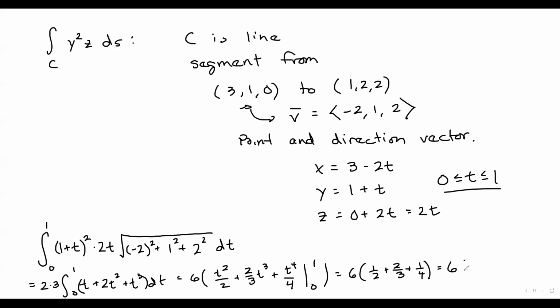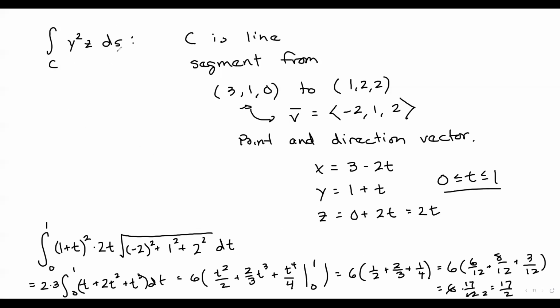That's 6 times, if we use the common denominator of 12, 6/12 plus 8/12 plus 3/12. And so what's that? That's 17/12 times 6, and then let these reduce, 17/2.